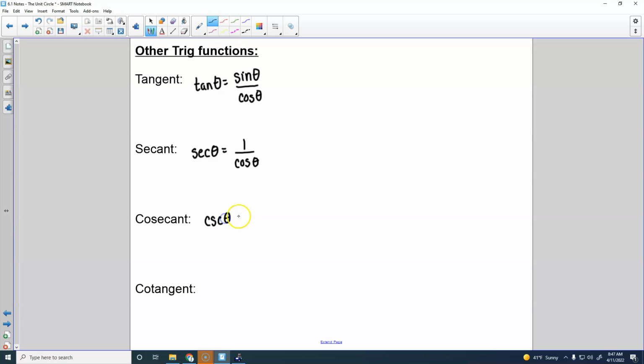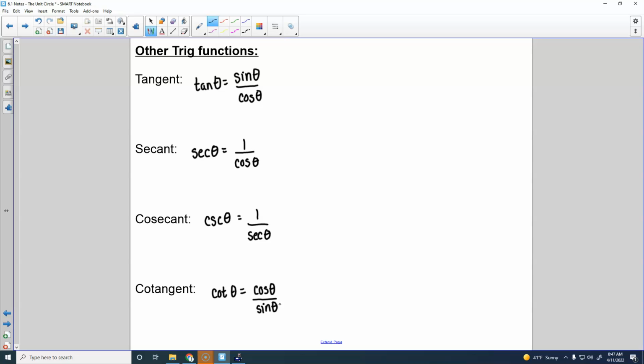Cosecant theta is 1 over sine theta. And cotangent of theta is cosine theta over sine theta.